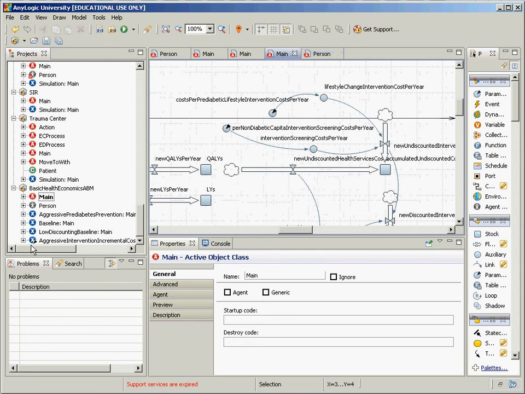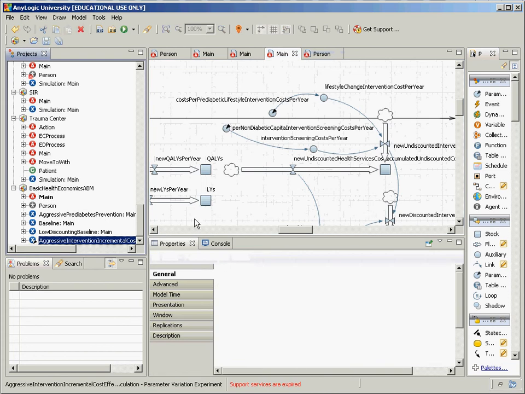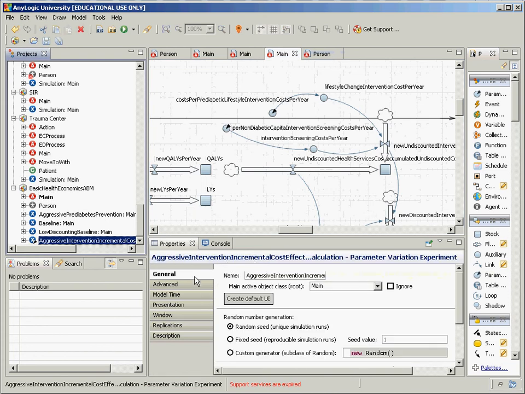The other component that's perhaps going to be new to you is we make use of a parameter variation experiment to calculate the incremental cost effectiveness of an intervention. So we undertake an intervention and we have a baseline scenario, and this parameter variation experiment runs one after the other.